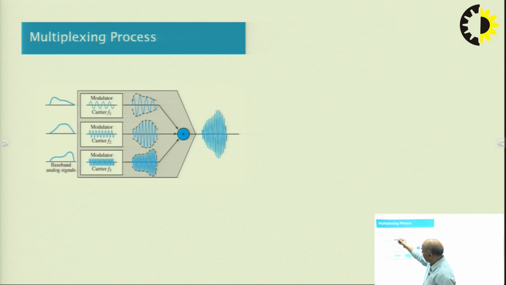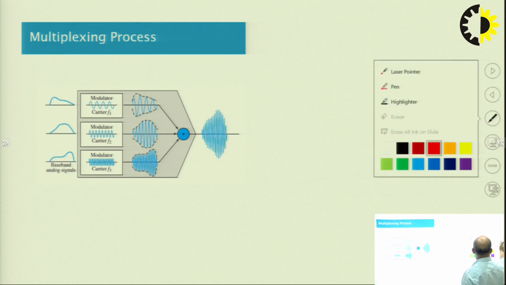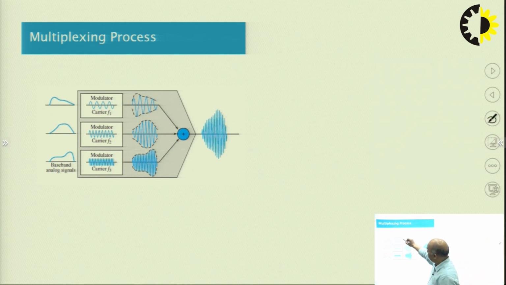When that is sent to the multiplexer, the multiplexer uses a modulator, and this modulator adds the carrier frequencies F1, F2, F3. Then the signals are generated. When these signals are combined together, they are sent over the transmission media, that is, a single channel.